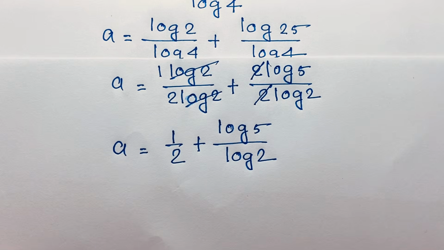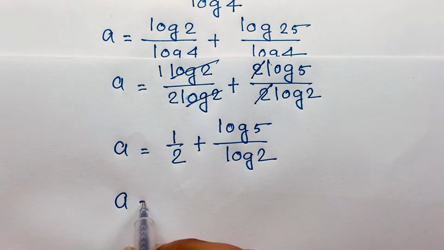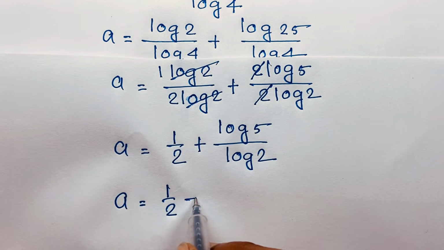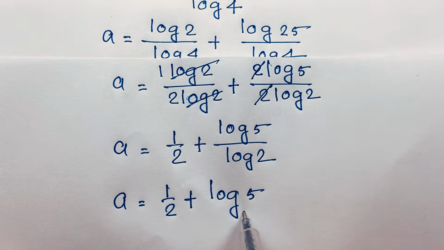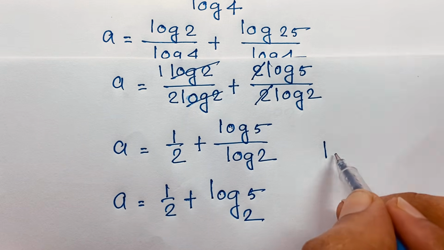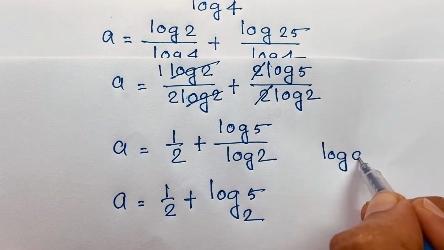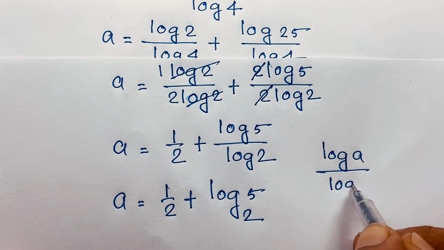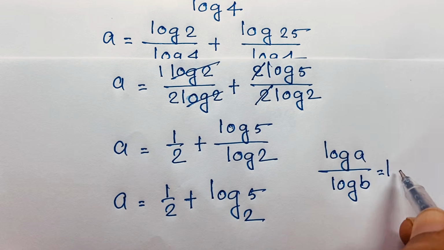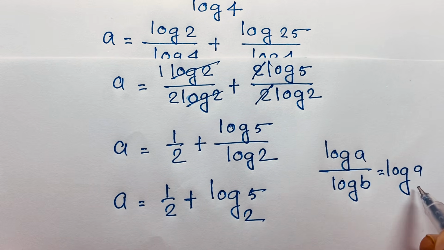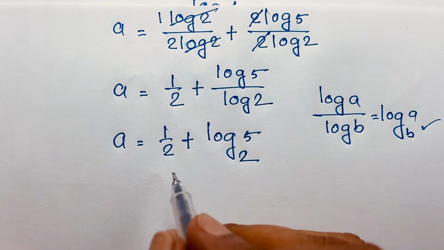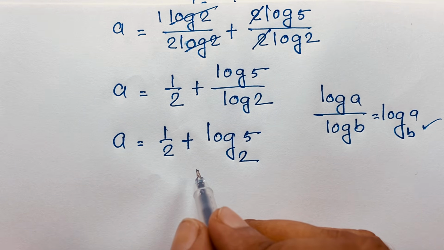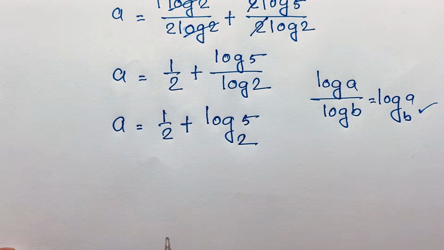Now at this moment you can say a is equal to 1 over 2 plus log 5 base 2. Because we know that log a over log b is log a base b, I apply this math formula here. So this is our final answer in this exponential math Olympiad question.